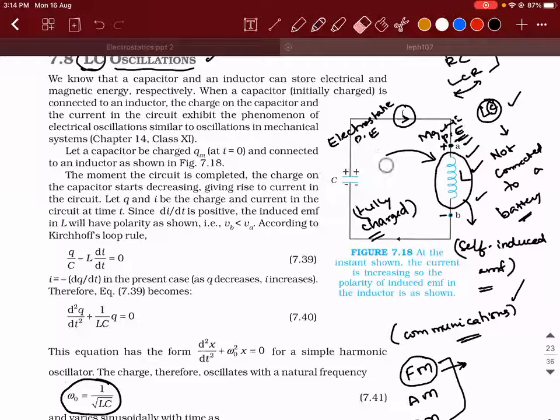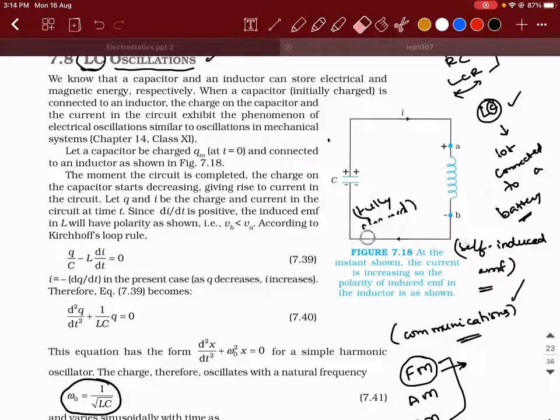Can you guys guess and tell me what will happen? There'll be flow of charge from inductor to capacitor. That's right. So there will be a reverse flow of charge from the inductor to the capacitor.